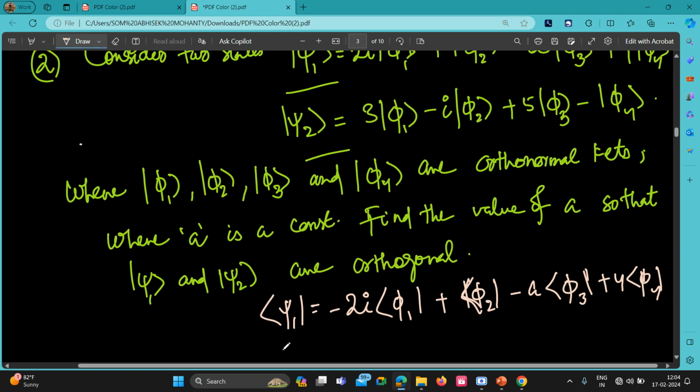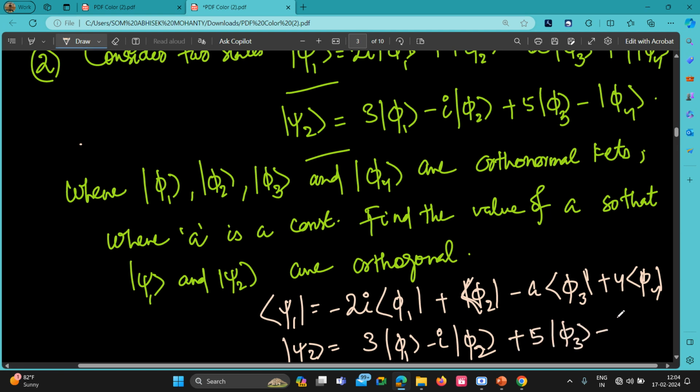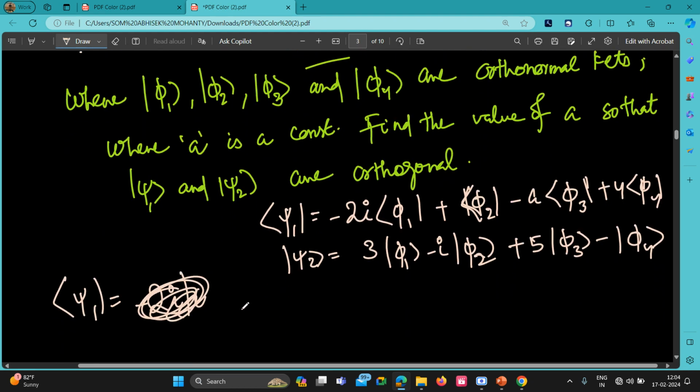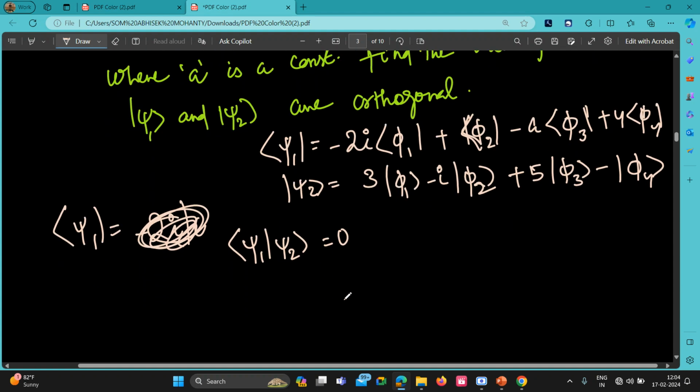Okay, psi 2 is as usual, 3 phi 1 minus i phi 2 plus 5 phi 3 minus phi 4. So for these two to be orthogonal, this inner product should be 0, right? So let's multiply them. So these two will be 1, right?